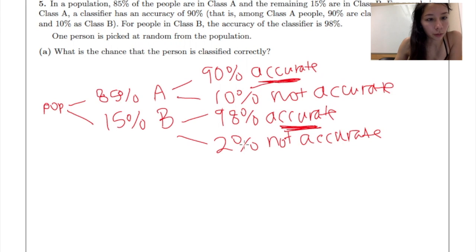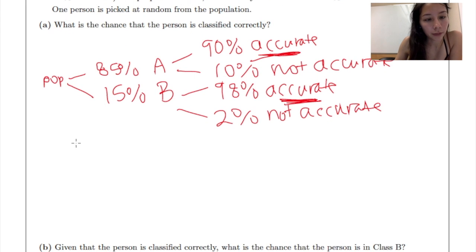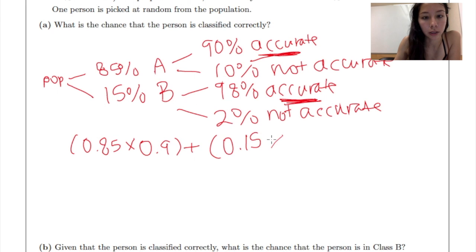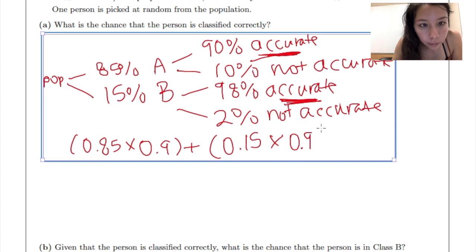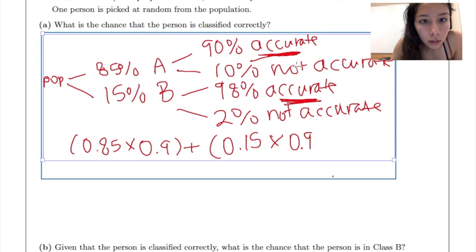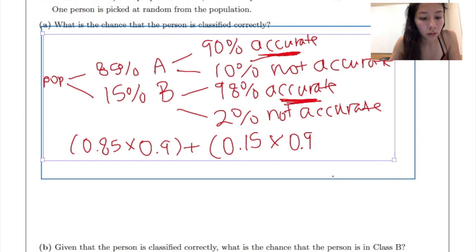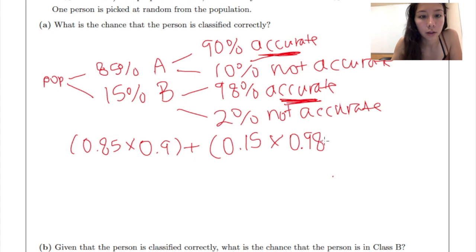So that's going to be 0.85 times 0.9 to get this percentage, and then we're going to add that to 0.15 times 0.98 to get this percentage. So that is the chance of the correct classification.